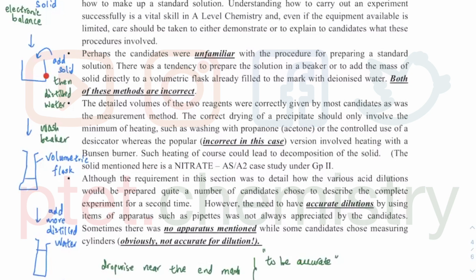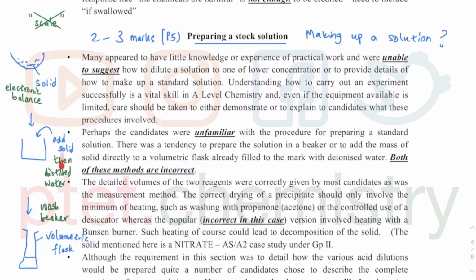Whereas in a beaker like this, you can stir quite vigorously because you don't add until it's full. You just add a little bit of water so that you can dissolve as much as you can. Then you pour it via a small plastic funnel, and you won't lose anything. And then you just keep on washing until you get all the solid dissolved as much as possible. That is called making up a stock solution. Are you happy so far?